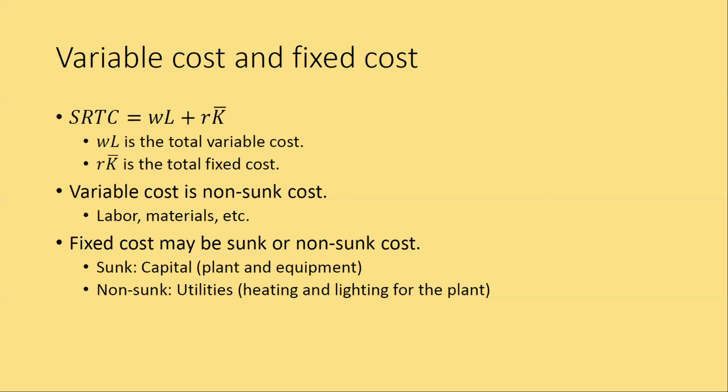If the firm were to produce, the machines need to operate in a constant temperature and the heating system has to be on, regardless of how much output the firm produces. However, if the firm decides to completely shut down, then it's okay to turn off the heating system. So this part of the fixed cost is going to be non-sunk. We make this distinction, and later on this will be relevant when we solve the profit maximization problem of the firm.